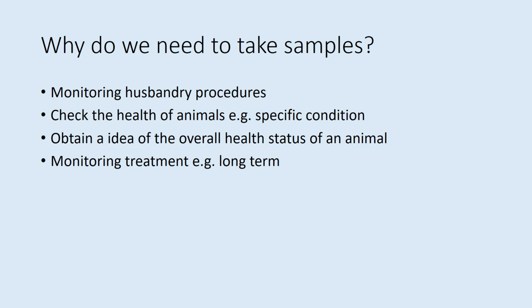It might be that they're having routine tests in order to make sure that the condition is still under control with that treatment and that there are no serious consequences of that treatment. So for example, does that treatment have an impact on the kidney function? So therefore, what are the kidneys doing? A blood test can indicate that, or a urine test can indicate that if necessary. And then the treatment can be tweaked depending on the outcome.